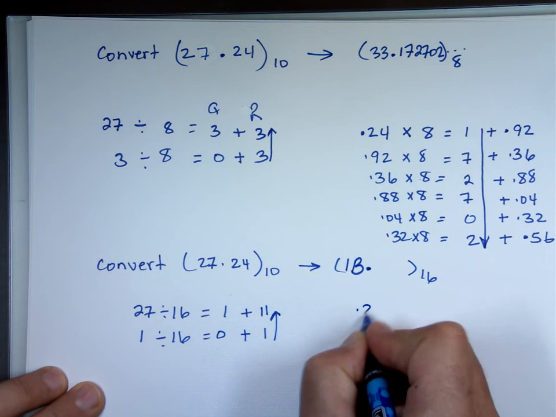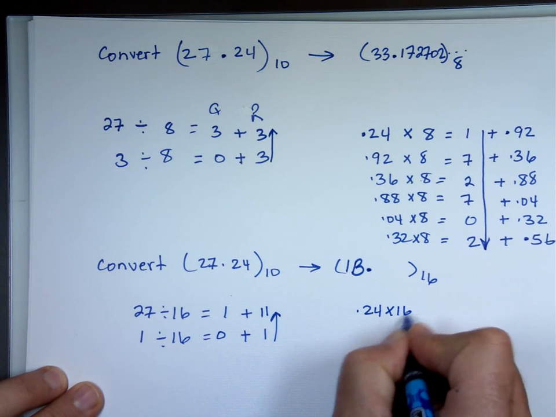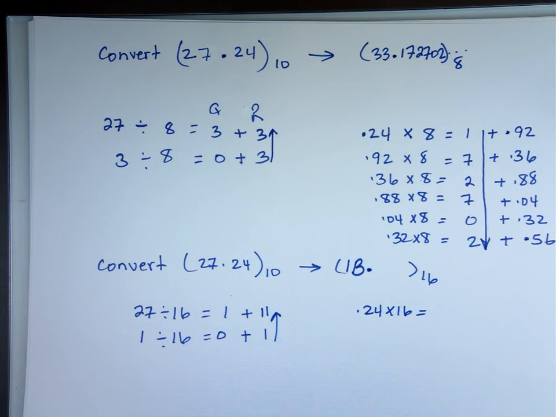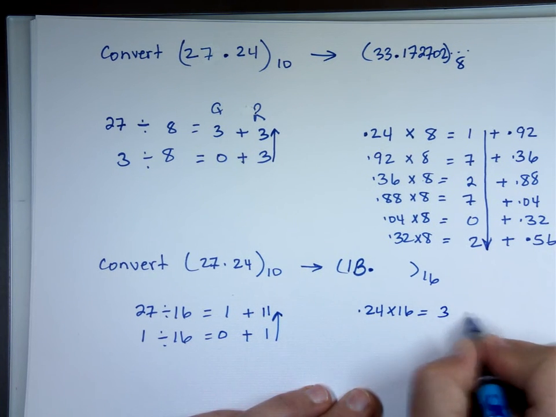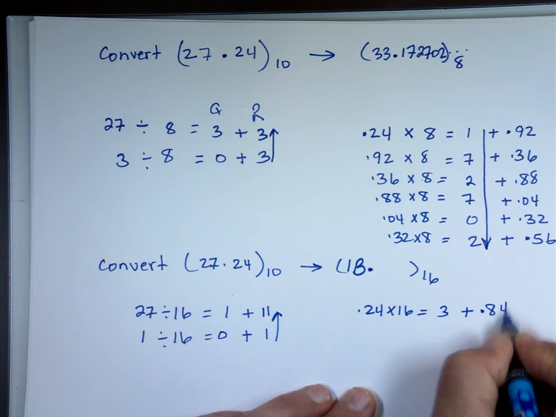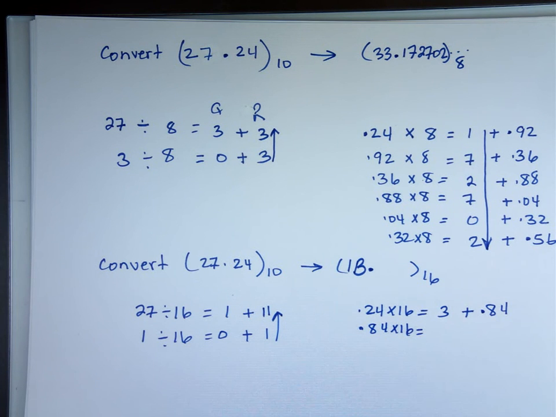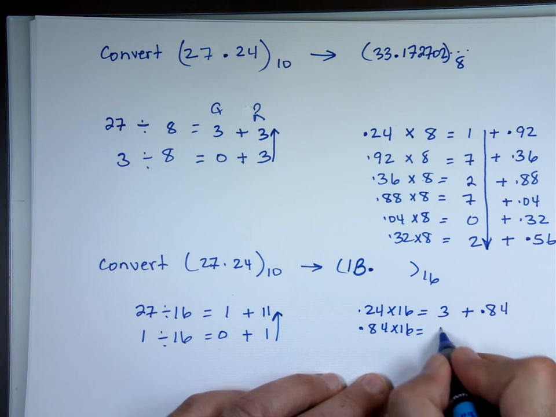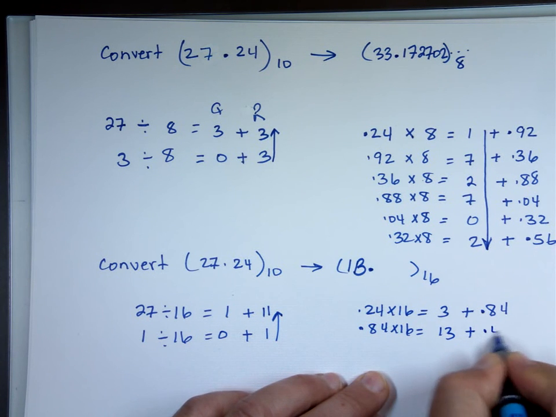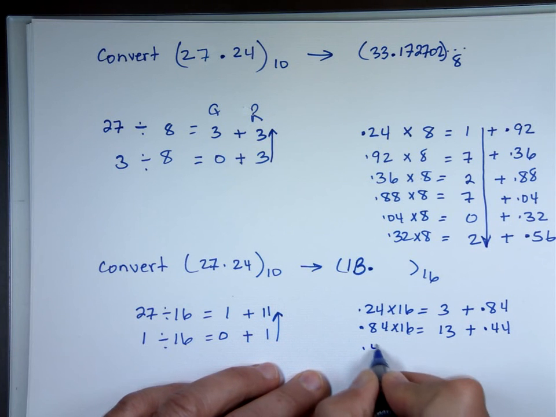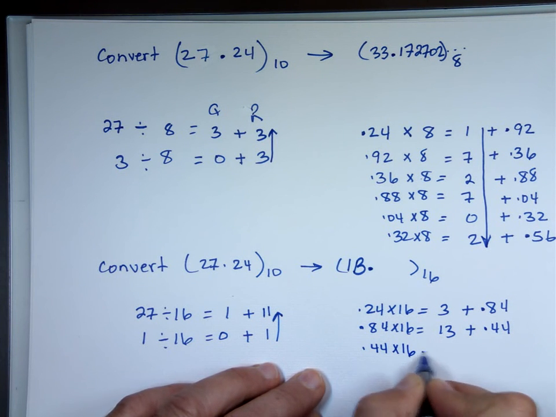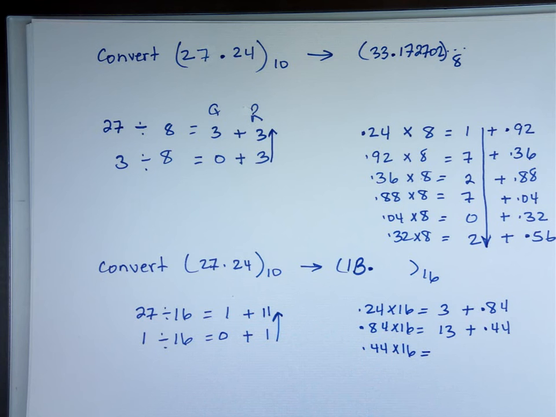.24 times 16. I'll do a few of them. 3.84. 3 plus 0.84. 0.84 times 16. 13 plus 0.44. 0.44 times 16. 7.04.